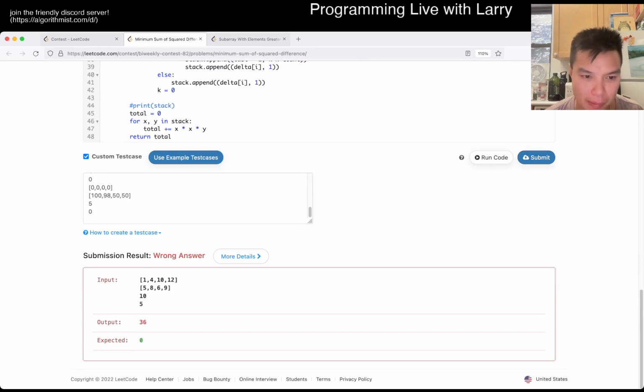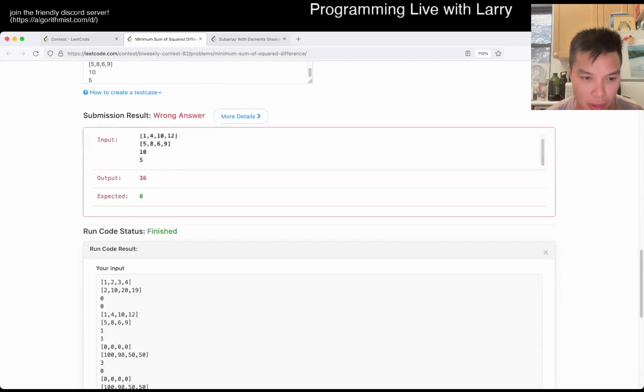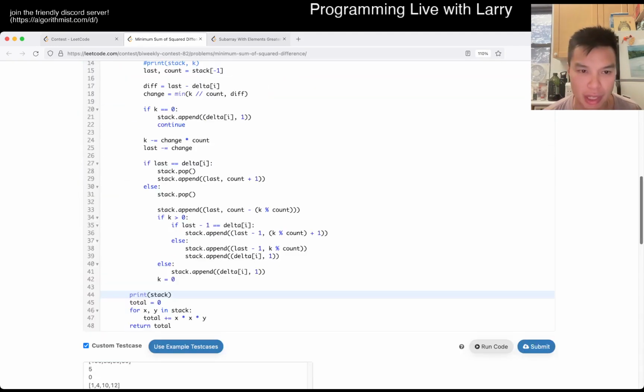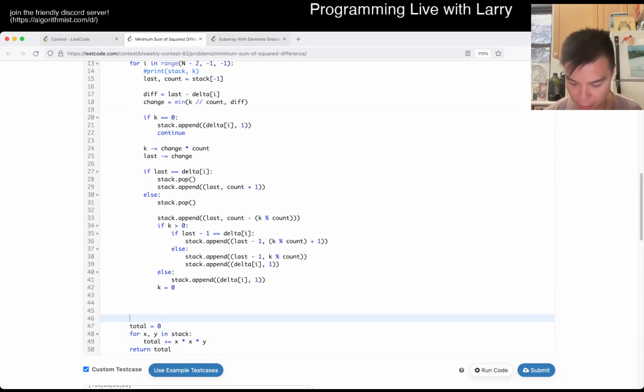Oh, man. Oh, I think I didn't do the case where I forgot about this one case. I didn't know this, but that was dumb of me.